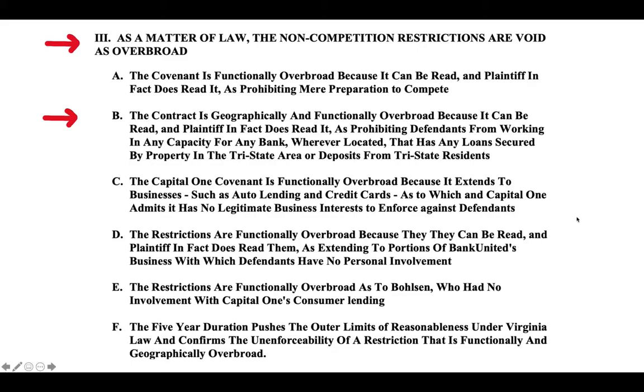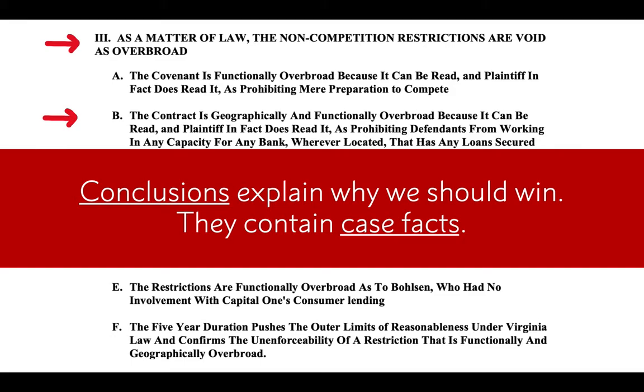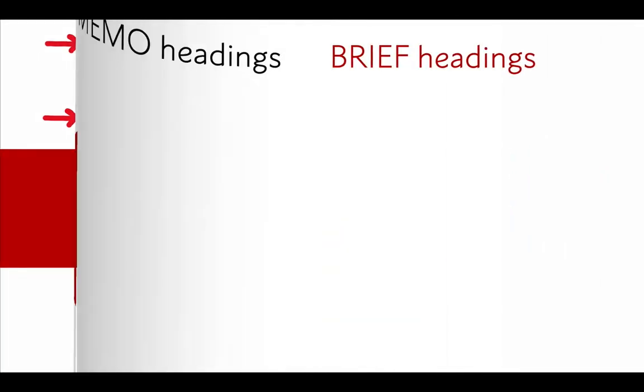And then lots of detail, facts about the case. This is what you should be aspiring for, especially on the MPT when writing a brief. You want to show conclusions, and the conclusion should explain why we should win, which you can only really do if you contain case facts within those conclusion headings.